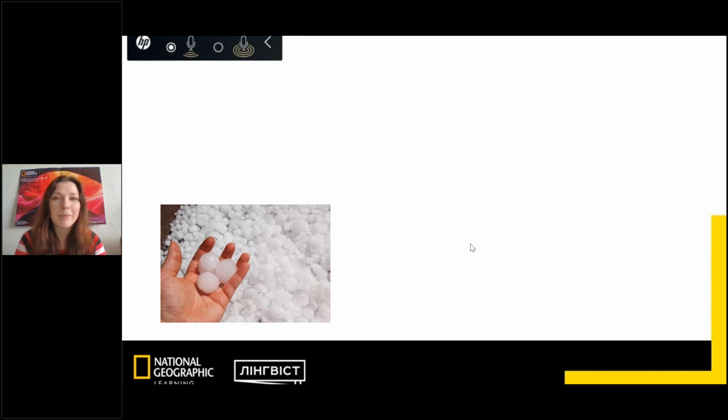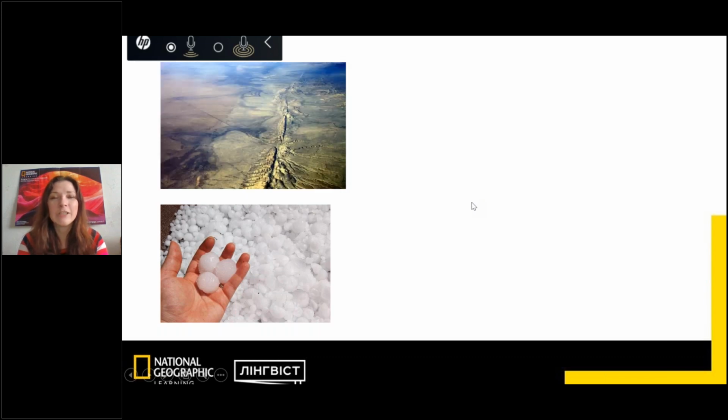They are the hailstones, right? This was actually quite a big hail. Well done. Okay. Next one. Now you know how to call this line that happens after.